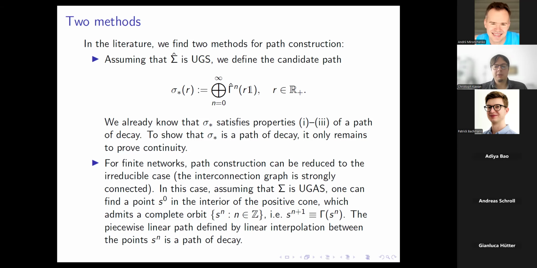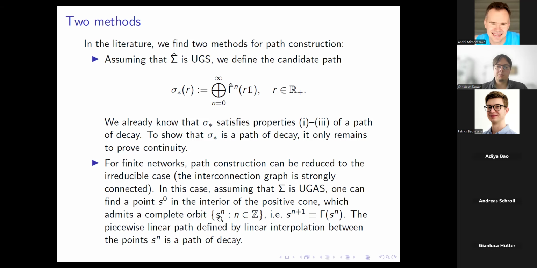Second method that you find in the literature about finite networks. In this case, the path construction can actually be reduced to the irreducible case, which means the case when the interconnection graph that you can define for your network is strongly connected. In this case, it can be shown that if we assume that the sigma system is UGAS, then one always finds a point S0 in the interior of the positive cone, which admits a complete orbit.